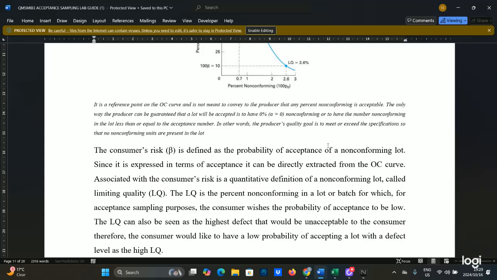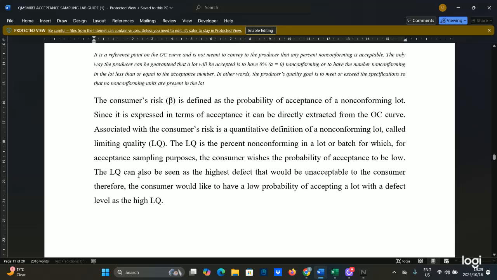What is associated with the consumer's risk is what we call a limiting quality. A limiting quality is defined as the percentage non-conforming in a batch or lot for which the probability of acceptance is low. The limiting quality is the highest defective level that would be unacceptable to the consumer.